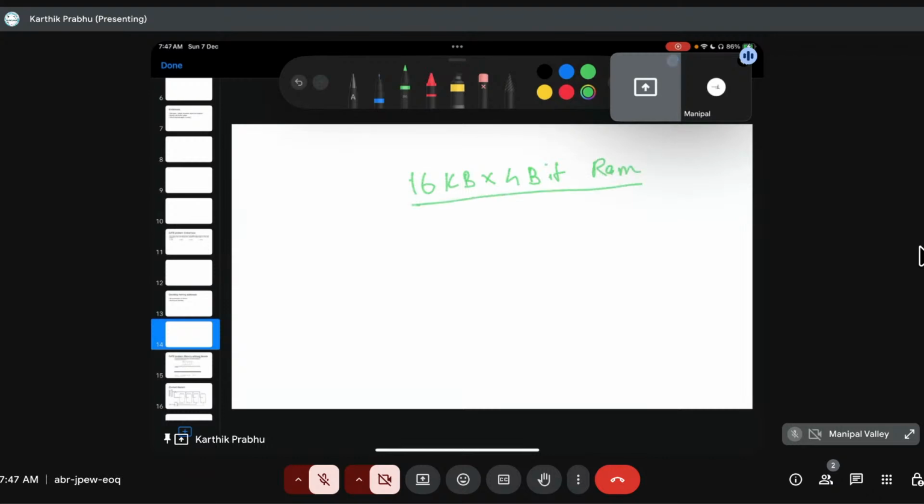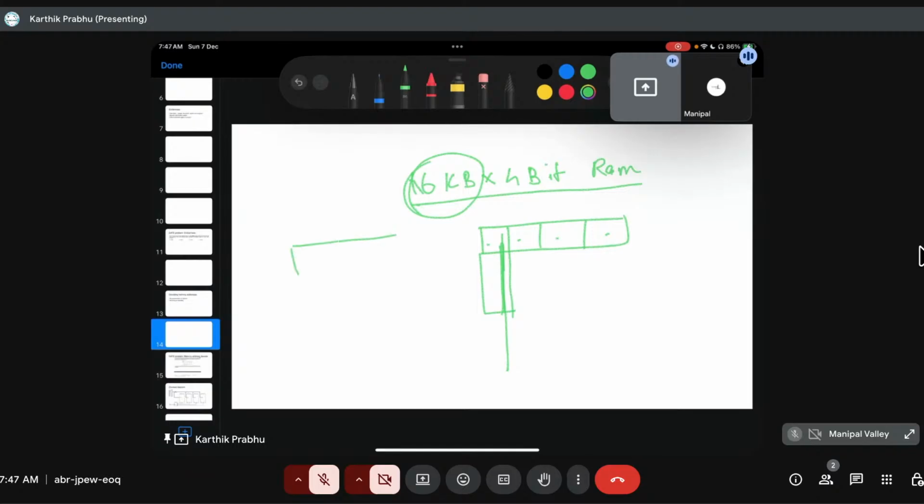So what this would mean is that our rows are 4 bit, and we have 16 kilobyte, that many columns.